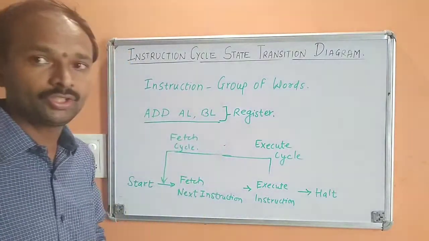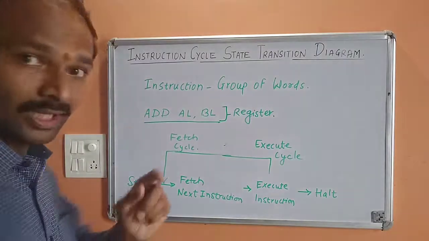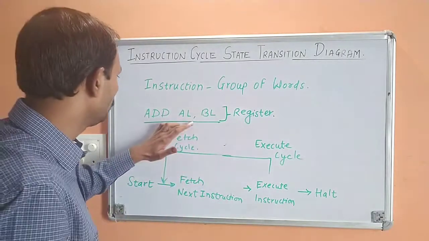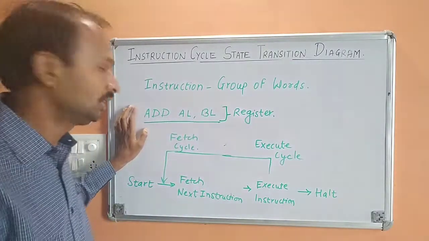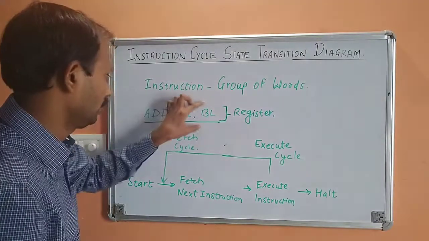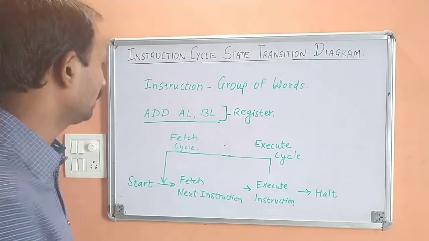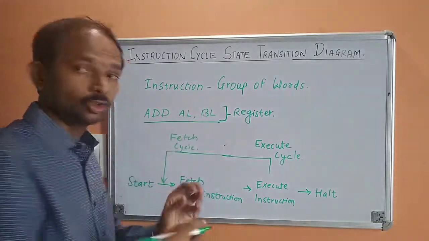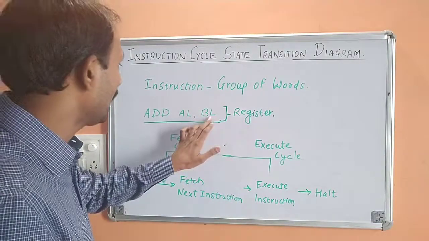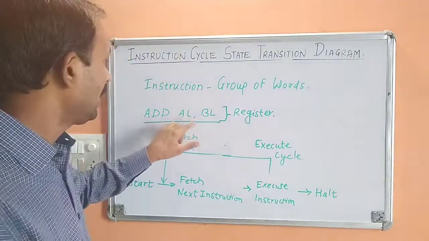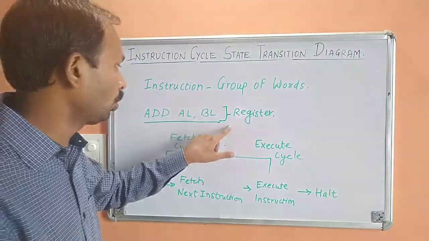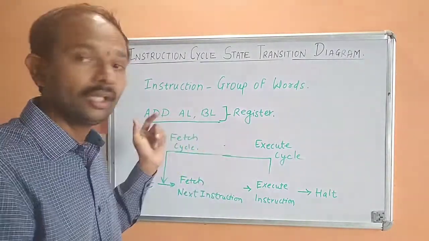These two registers store some values, and I want to add those values with the help of this ADD instruction, ADD AL, BL. So the contents of BL are added to AL and the result will be stored inside the AL register.